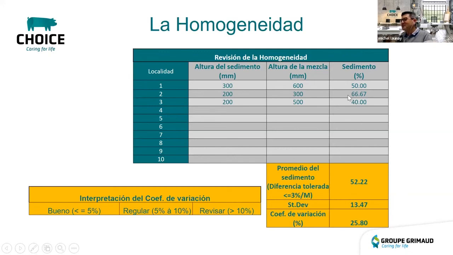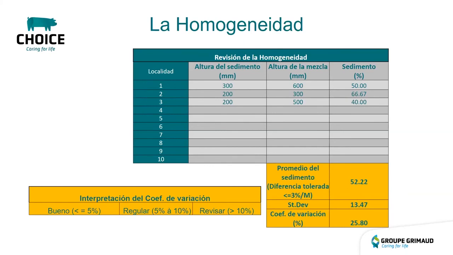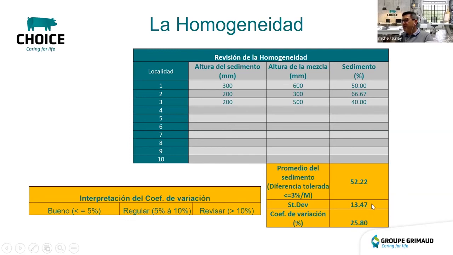So, in the example given, it's not good. The other thing I calculate is the standard deviation, and then the coefficient of variation, and this coefficient has to be lower than 10%, and it's better if it is lower than 5%.